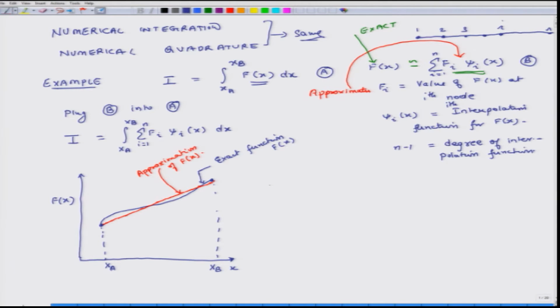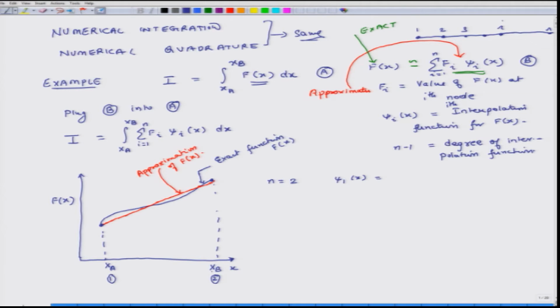So, in this case n is equal to 2, and this means that I have two approximation functions. The first approximation function is psi 1 of x, which is associated with the first node. This is node 1 and this is node 2. So, x a corresponds to node 1 and x b corresponds to node 2.